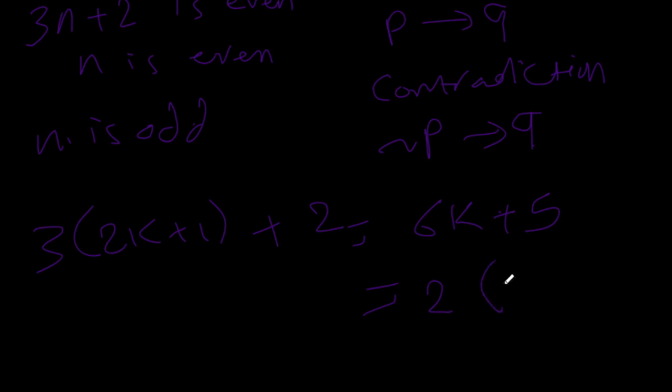Take the 2 out and you will end up with 2 times 3k plus 2 plus 1, which is basically an odd. We were expecting to reach an even, but unfortunately we reach an odd, so we cannot have p and not p at the same time. So this is a contradiction, and n should be an even based on this proof.